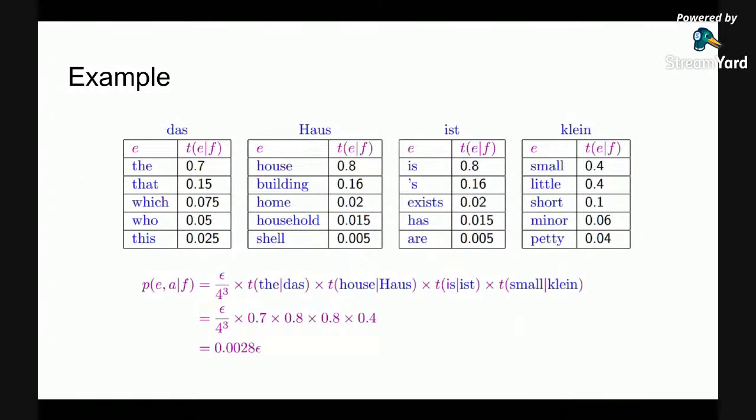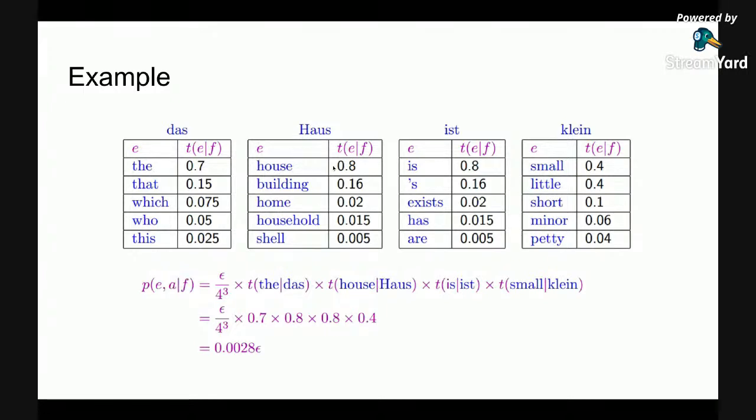So the idea, if I already have a dictionary or a list of probabilities for these words, for example, here I have a sentence in German, das Haus ist klein. If I already have dictionaries or a translation table that tells me das can be translated to the, like 0.70, to that, to which, so I can pick the most probable one.